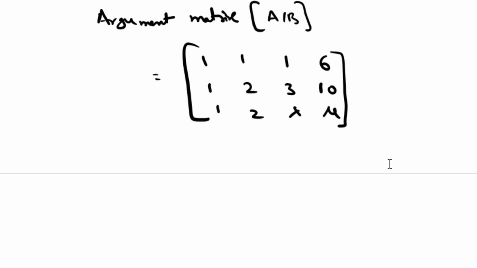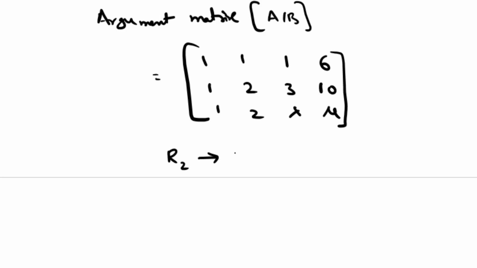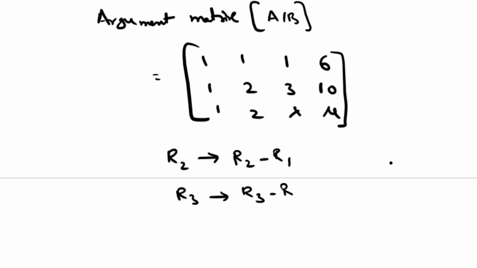or no solutions. Here we need to do elementary row operations. We can write R2 implies R2 minus R1 and R3 implies R3 minus R1.